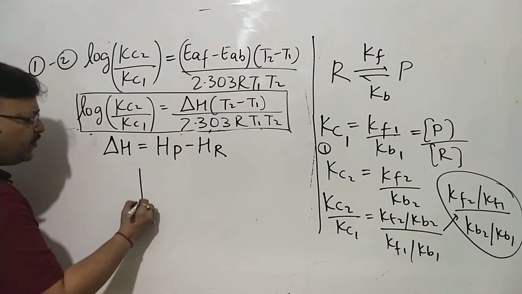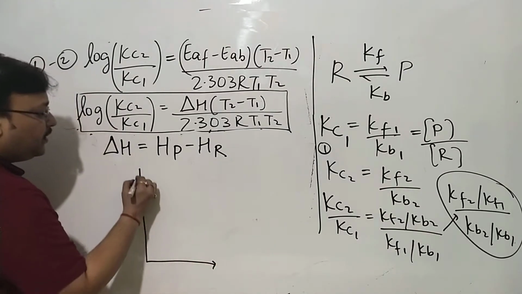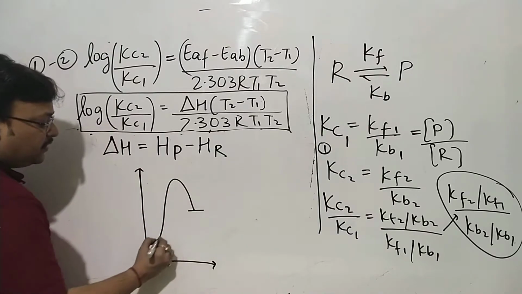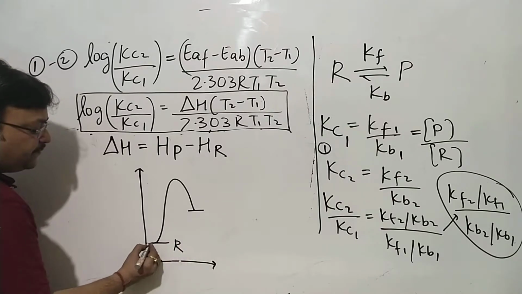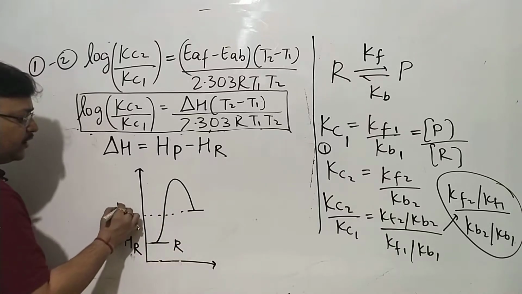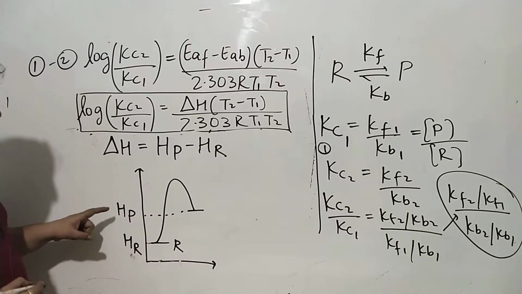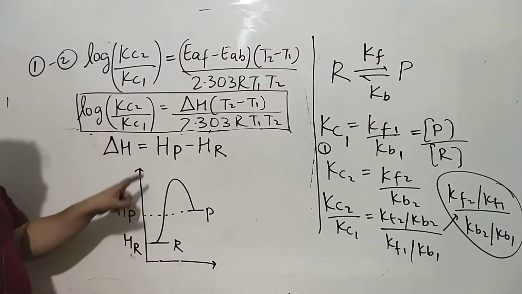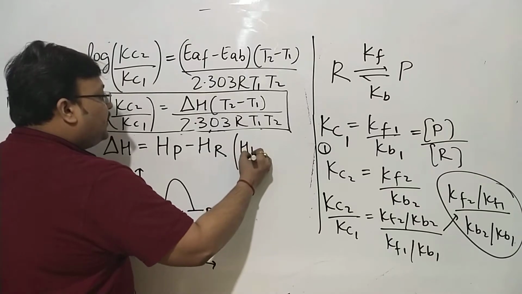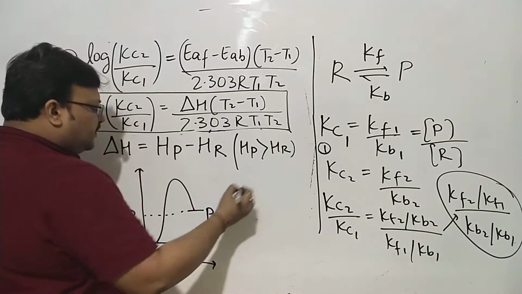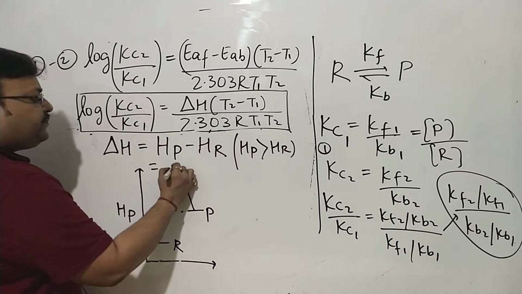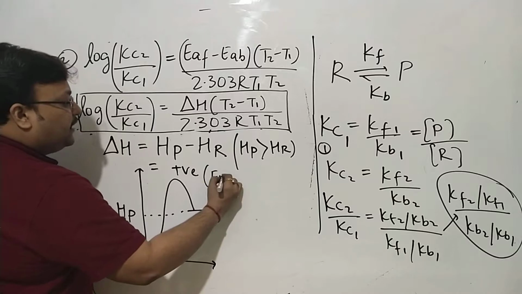And now suppose I draw an energy profile again. If this is the heat content of the reactant, and this is the heat content of the product, every time HP is more than HR, it will mean delta H is positive, and this will be an endothermic reaction.